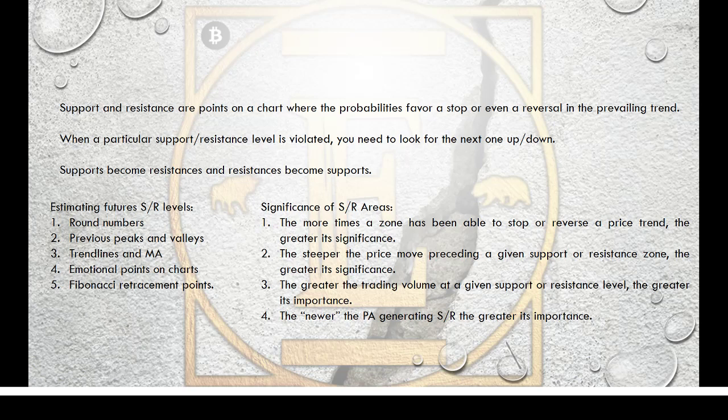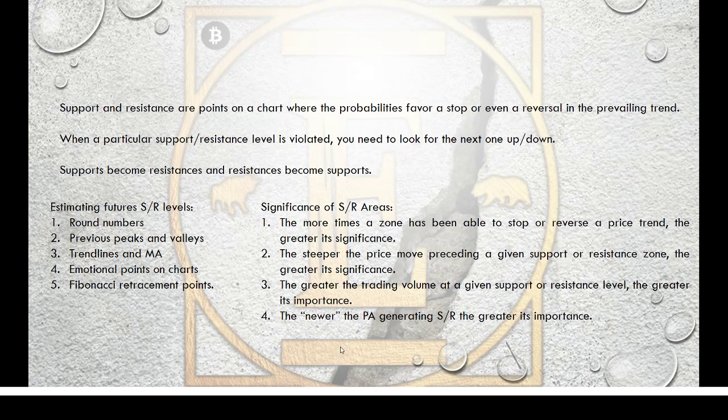Look how I always pay attention to the volume at a double bottom, and that's when you understand whether the reversal is over that resistance or support point. Okay, and then, the more recent the price action generating the support or resistance, the greater its importance. This only means that if you go to a support from 2013 on Bitcoin, probably this support is not a support anymore.